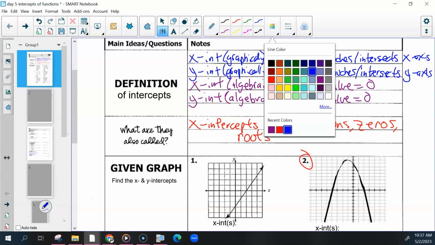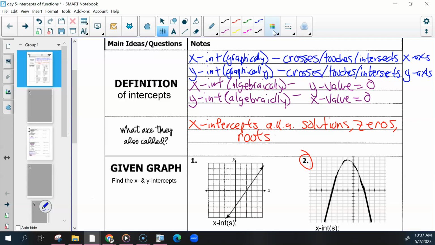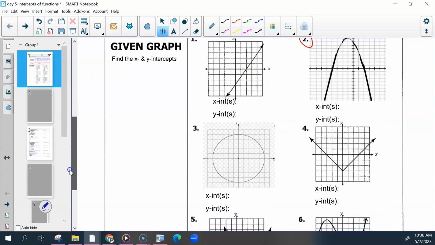Anyone still need the definitions? No. Y-intercepts are just y-intercepts. That's it. Okay, let me know when you're here. So 3 and 6.